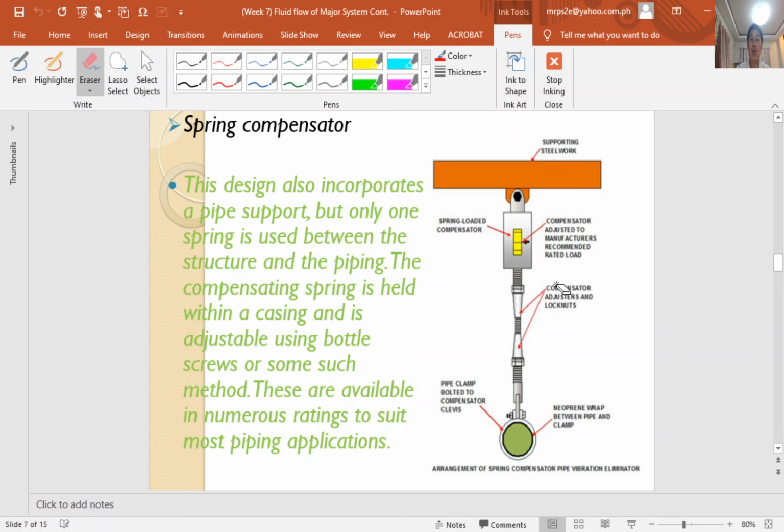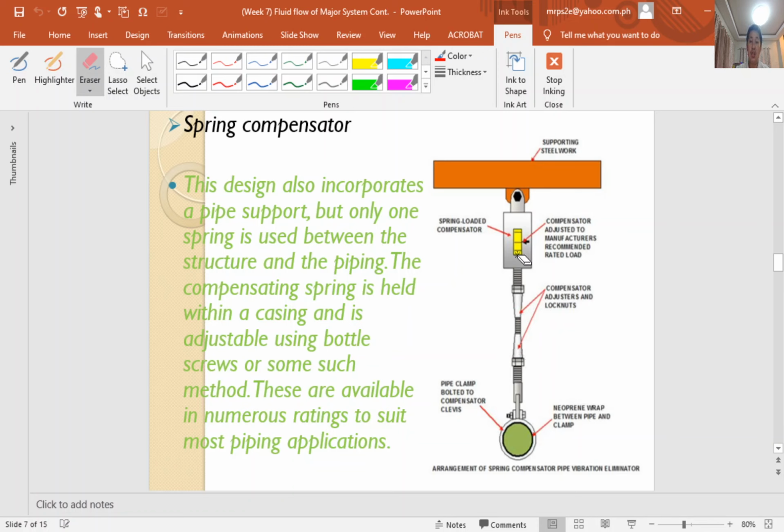This is a sample of hanging devices, because as you can see, it is in the hanging position. Here is an indicator where you can adjust the compensator adjuster and lock nuts. You adjust here, and you can see the indicator.